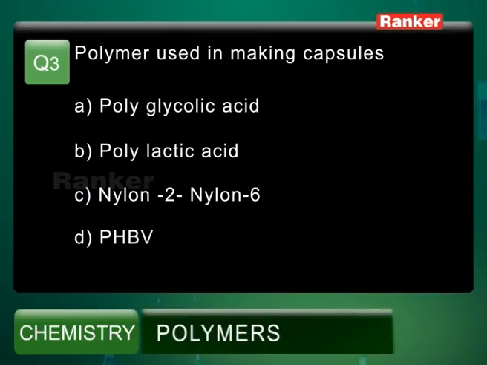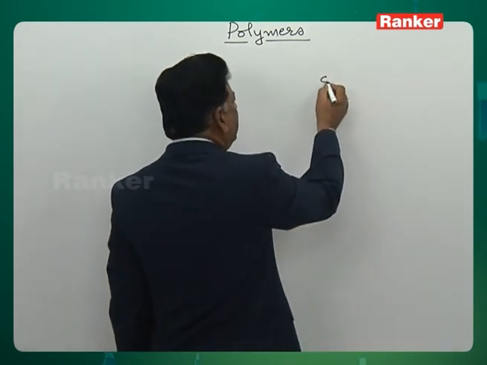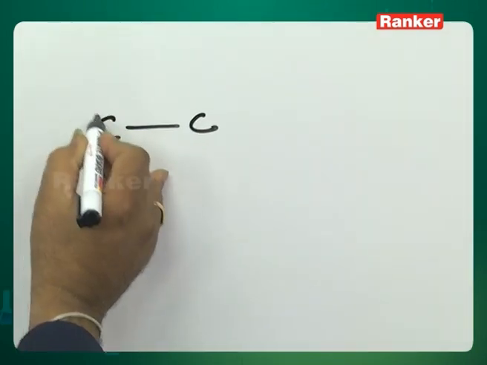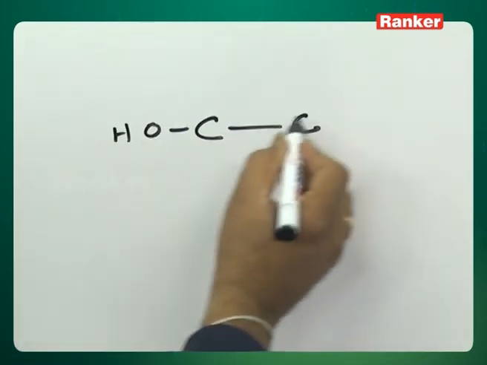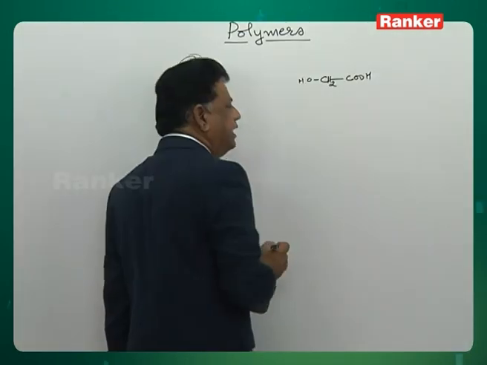The options: A is polyglycolic acid, polylactic acid, option B. Option C is nylon 2, nylon 6. Option D is PHBV. So here the answer is A, polyglycolic acid. Glycol is a dialcohol. With one side OH and one side COOH, the molecule is known as glycolic acid.